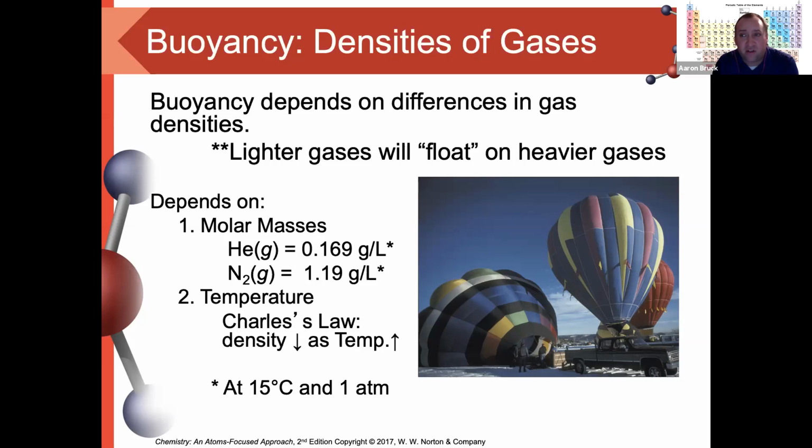So if I have a mixture of gases, lighter gases will have a tendency to gravitate and float on the heavier gases.